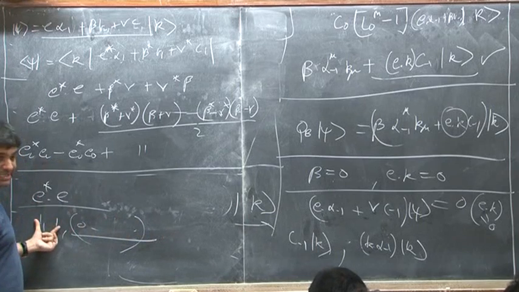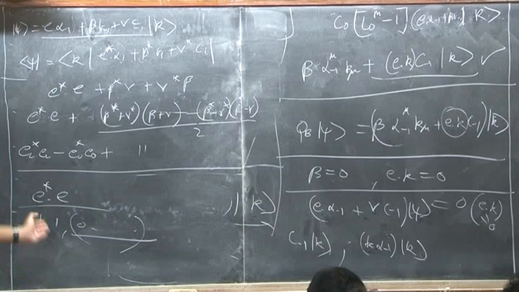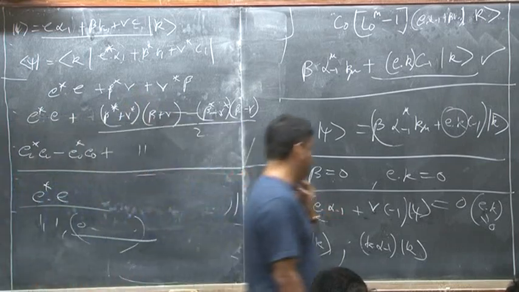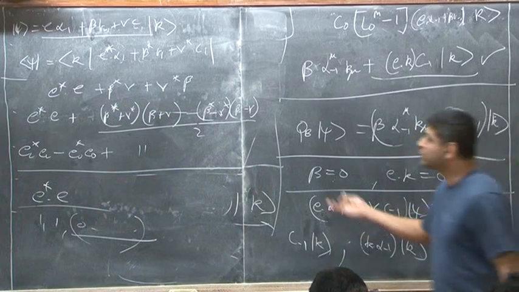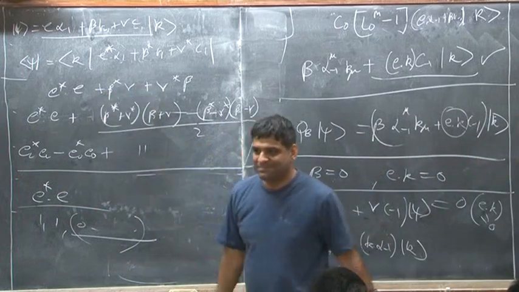Okay? This one clearly has 0 norm, because it's E dot E which is K dot K, which is 0. It's a null vector. And this one, the remaining one, which was the gamma, also has 0 norm, because unless there's a beta in an expression, we just get 0.